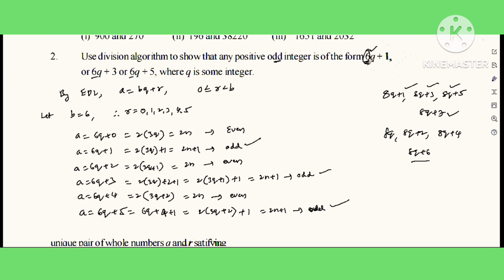And I think in the example questions you have, this same problem is given for 4. Question 4: when you take b as 4, what do you get? Cases 4q plus 0, 4q plus 1, 4q plus 2, 4q plus 3. That's all. This is even, this is odd, even, odd.